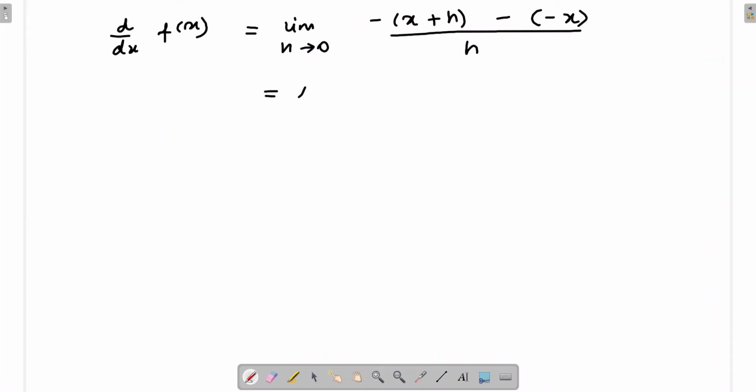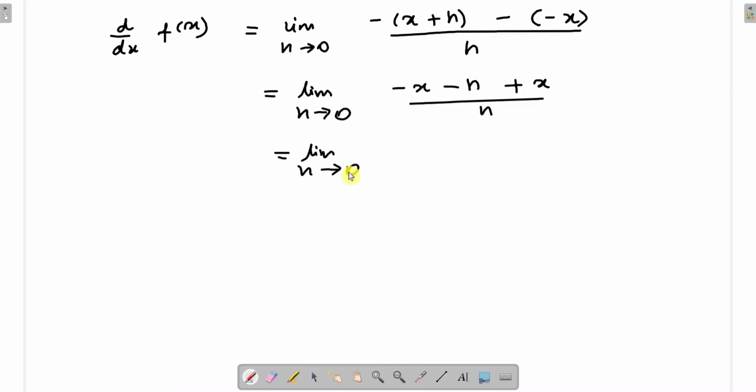So this will be equal to what? Limit h tends to 0. We can multiply this minus sign inside the bracket: minus x minus h, then minus minus plus x, right? That is divided by h. This will be equal to limit h tends to 0, minus x and x will get cancelled, we get minus h divided by h.